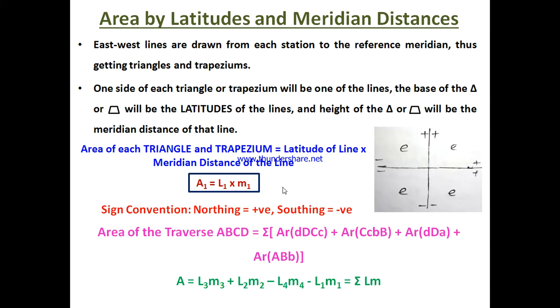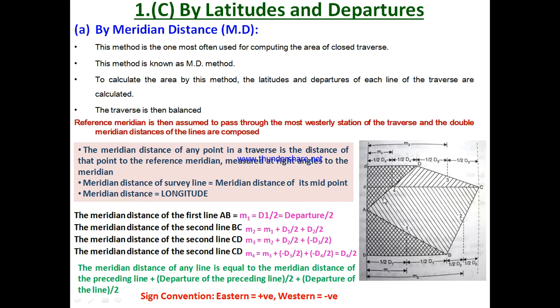For example, if I am considering this particular part, that is DDCC, it is a trapezium, so the area will be 1 by 2 sum of the parallel sides, which will be D4 plus D3, into height, which will be equal to the CD value. We can calculate it.